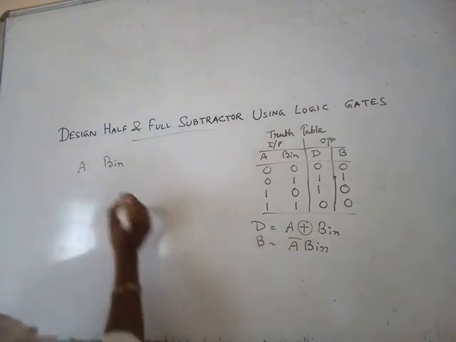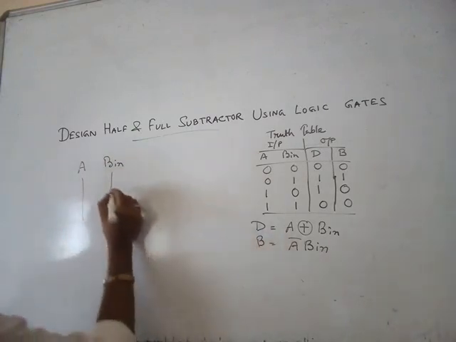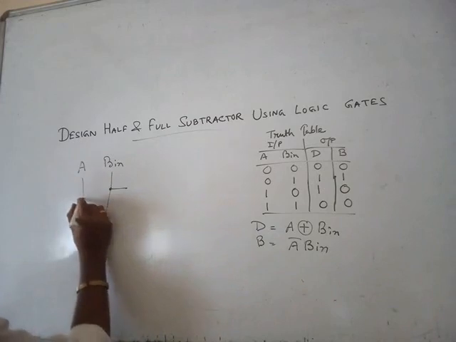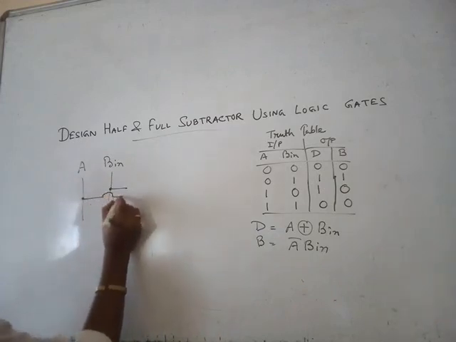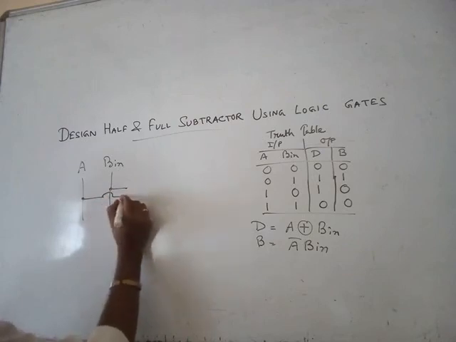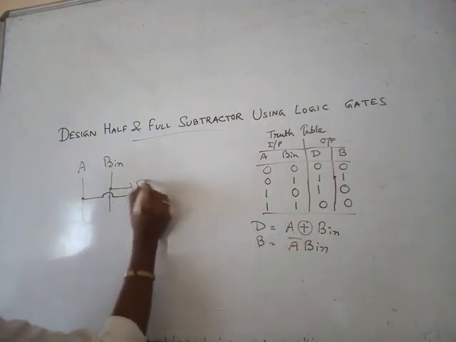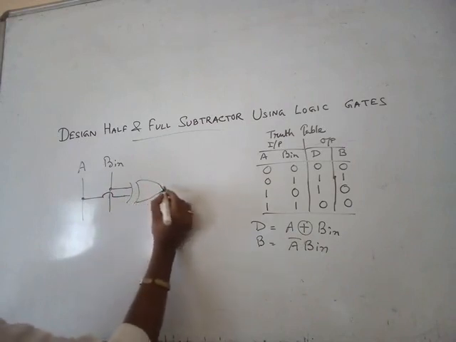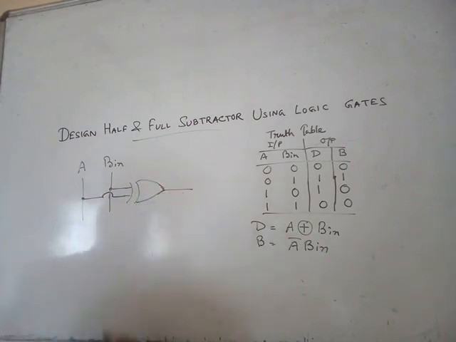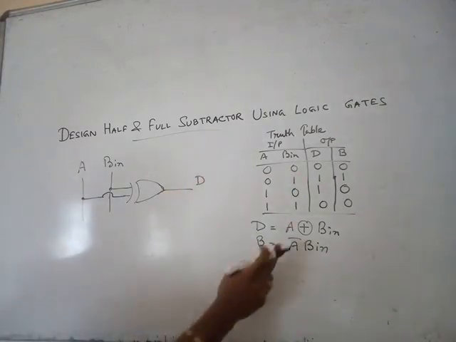So for difference we have to design from B in and from A, go into an exclusive OR gate. So it is D. And for B, that is borrow, that's A bar.